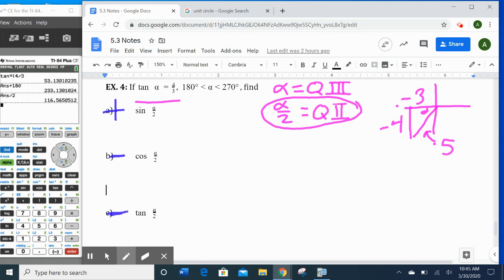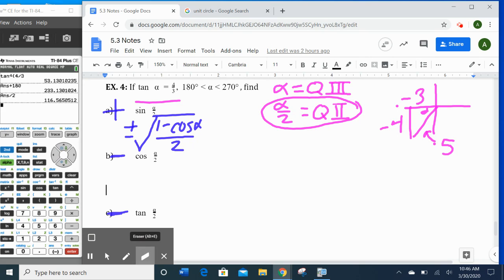So when I say that the sine of alpha over 2 is plus or minus the square root of 1 minus cosine of alpha over 2, the fact that I know this angle over 2 ends up in quadrant 2, the only answer is the positive one. If all of that went in one ear and out the other, try the positive answer, and if it's wrong, try the negative answer, because it has to be one or the other.